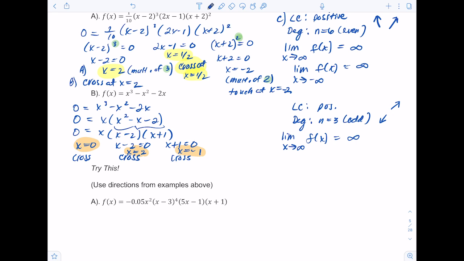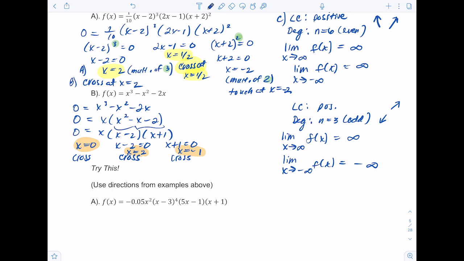It's going to point up. And as x approaches negative infinity, as you go left on the graph, f of x is going to approach negative infinity, so they're opposite for that one.